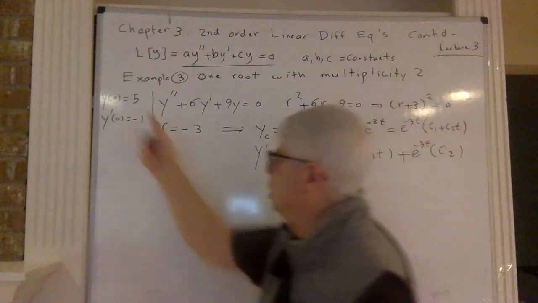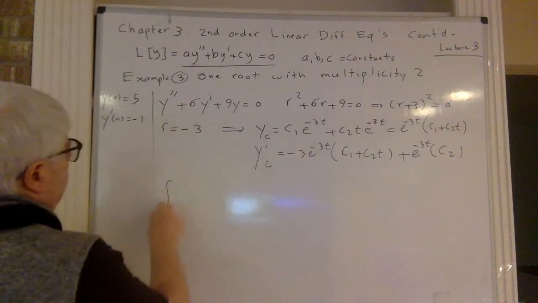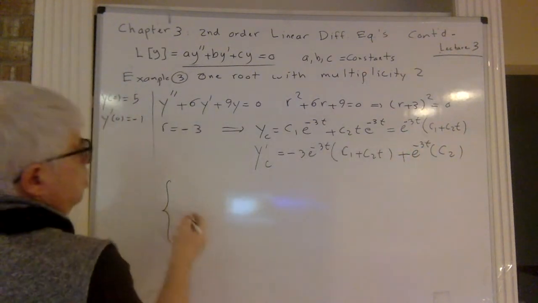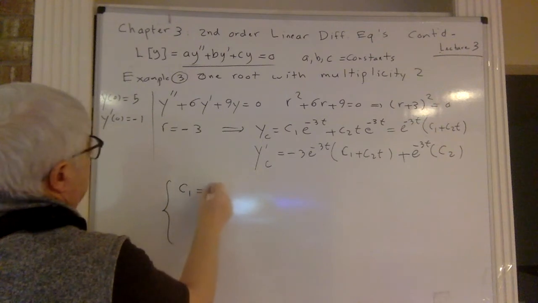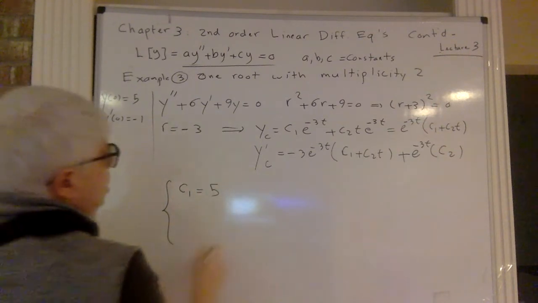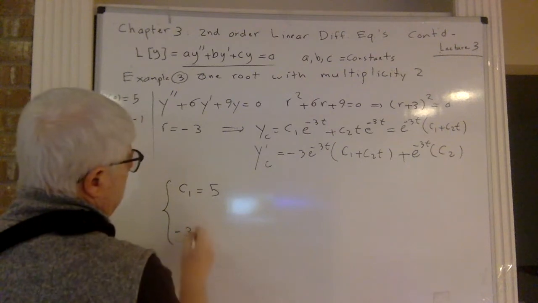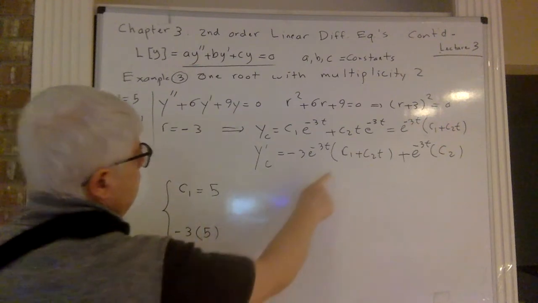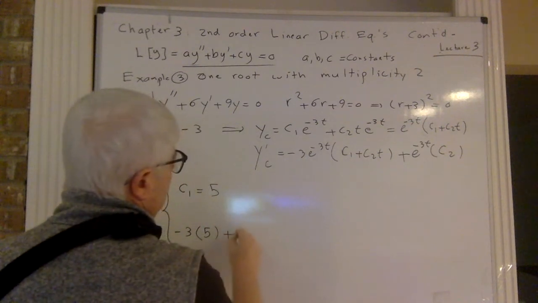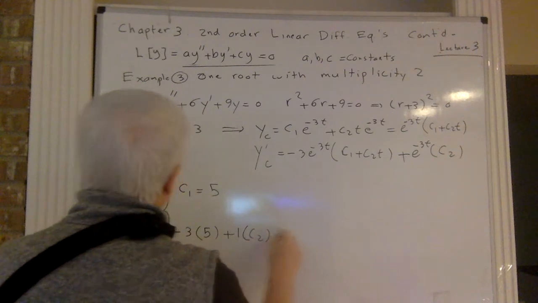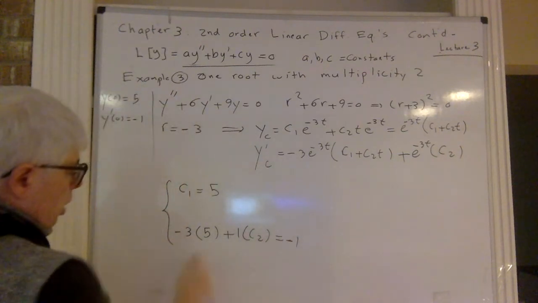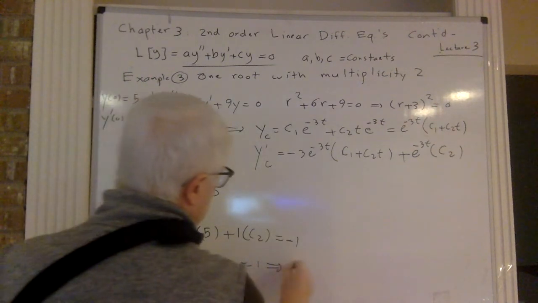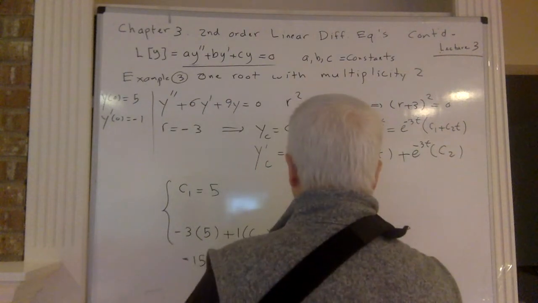Now applying initial conditions, y at 0, e to the power 0 is 1, so that gives me simply c1 is 5. y prime at 0, this will be minus 3 times c1, which is 5, and this is 0, plus 1 times c2, and that is negative 1. Okay. So this is minus 15 plus c2 is negative 1, so c2 is 14.